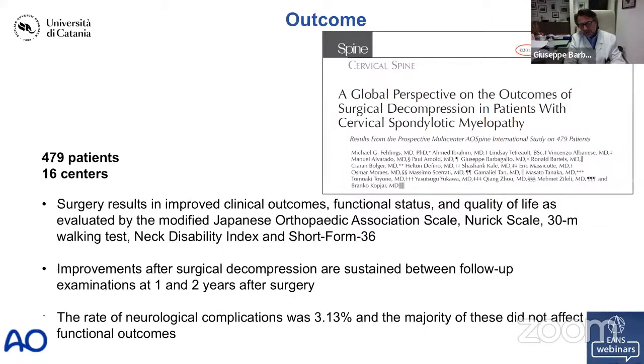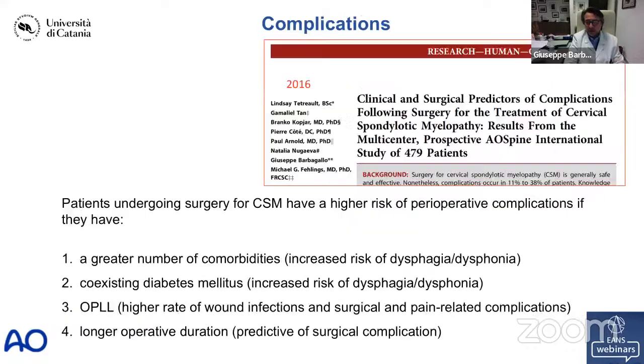So coming to the conclusions, we already saw this paper. This paper confirms that surgery has a role for sure, and some surgeons always raise their hands saying, okay, but which is the price that patients have to pay in terms of complications?